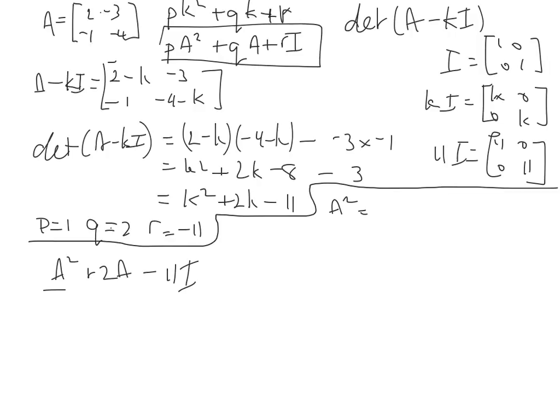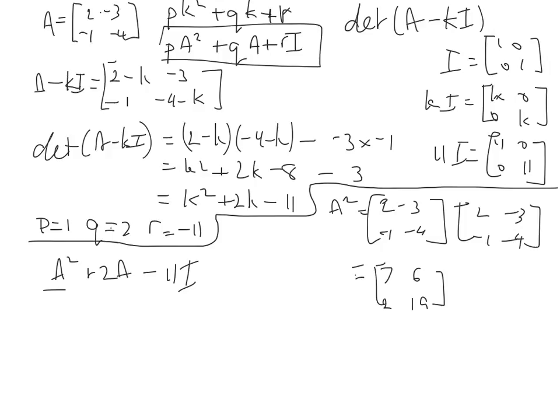A squared equals 2, negative 3, negative 1, negative 4 times by itself. So we have 2, negative 3, negative 1, negative 4, and from there we end up with 7, 6, 2, and 19.